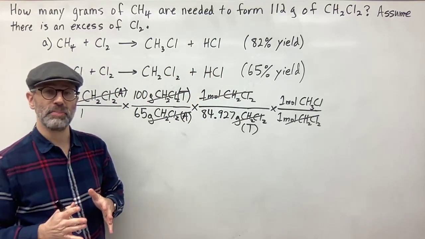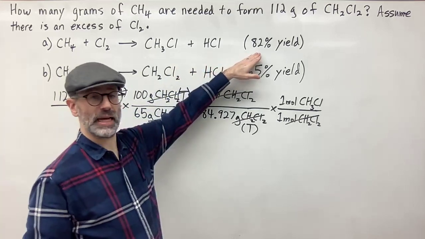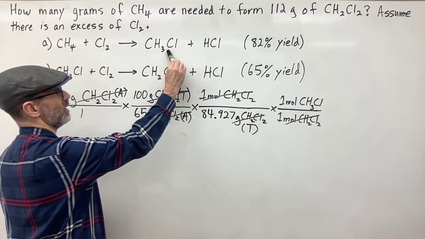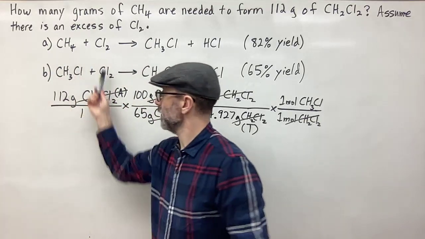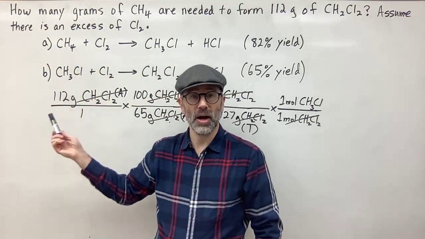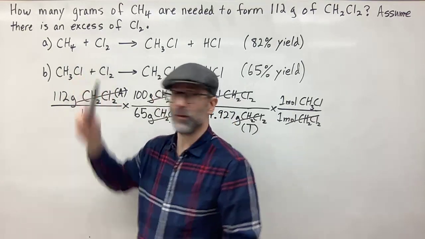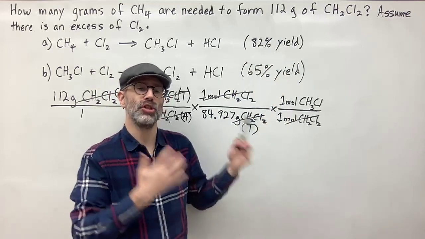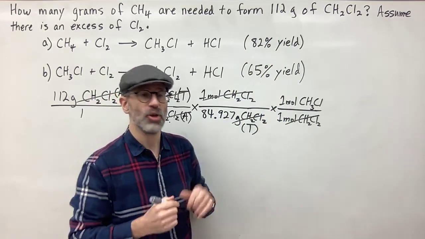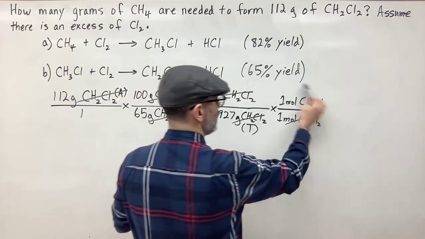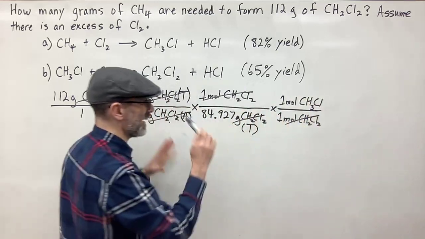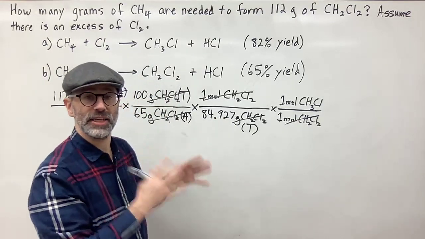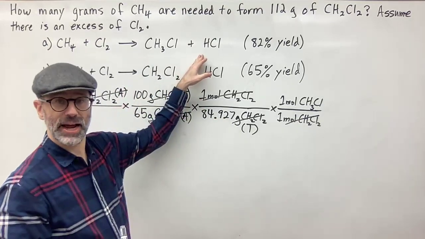So now we have to pay attention to the 82% yield. So whatever came from reaction A, that was used in reaction B. But we have to keep in mind that whatever came from reaction A is only 82% of what should have come. Okay, so now this amount here, these moles, is actually 82% of what should have been yielded by the first reaction.